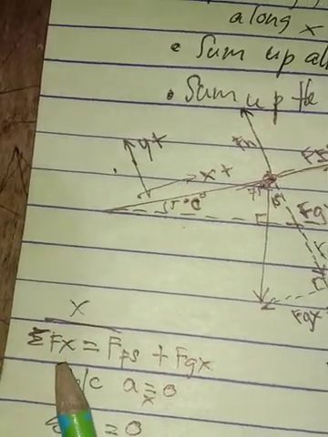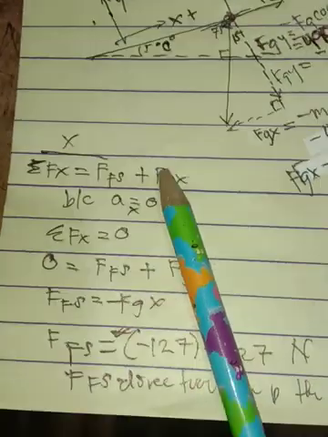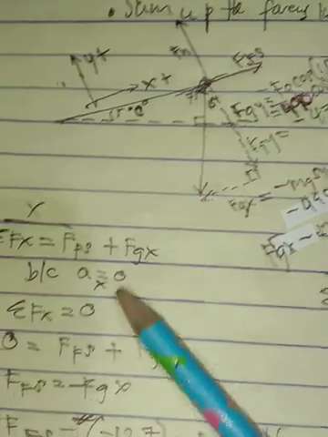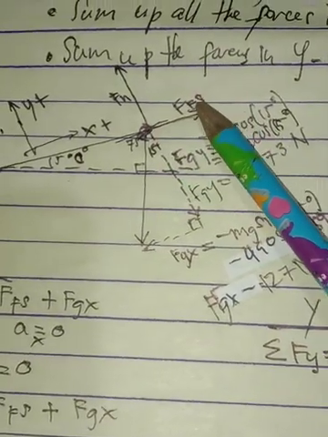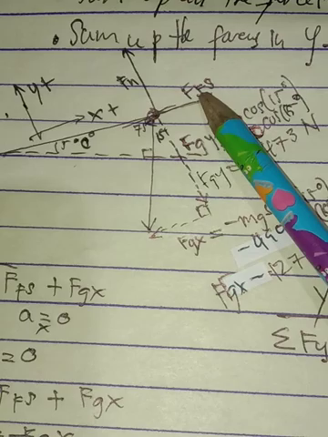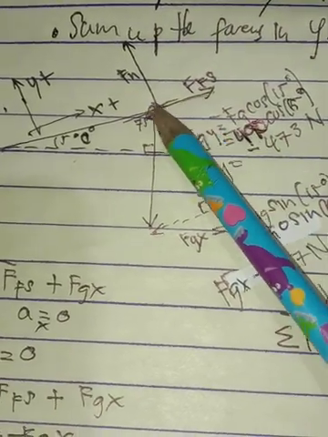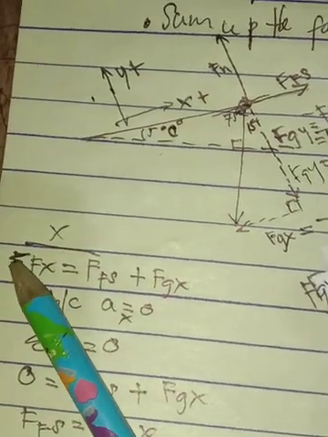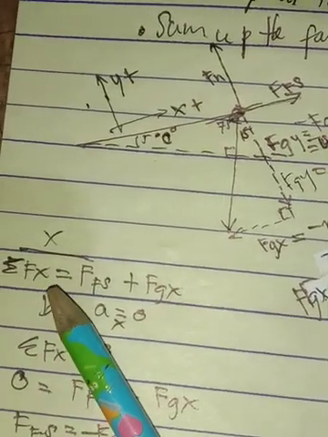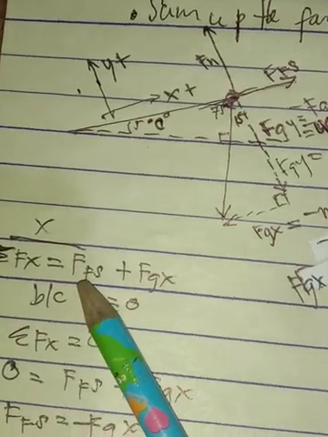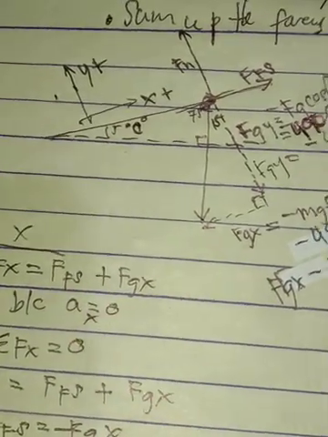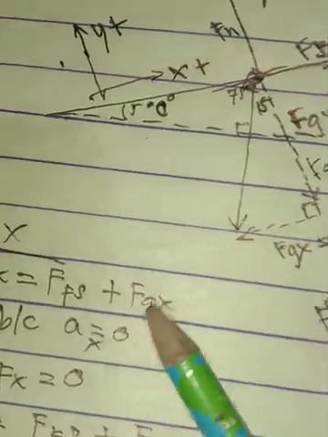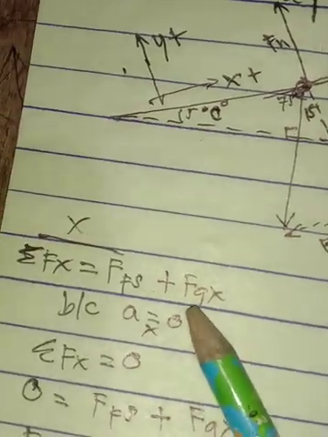Let's find the value of our force friction. We use this equation: total force x equals force friction plus force gravity x.